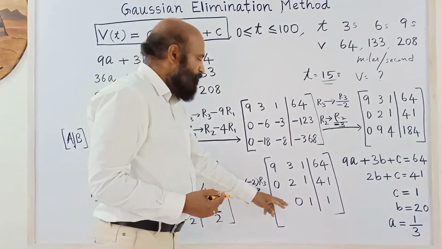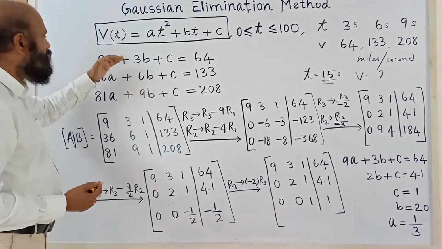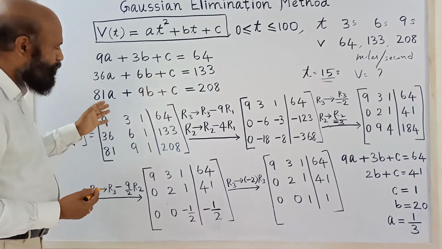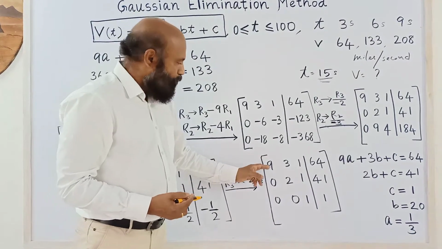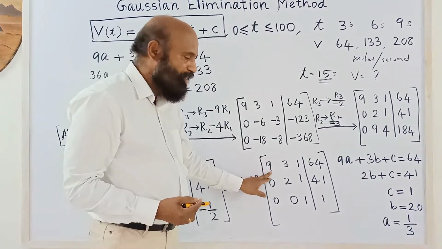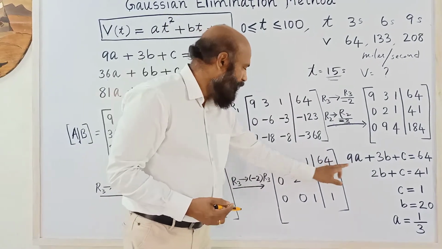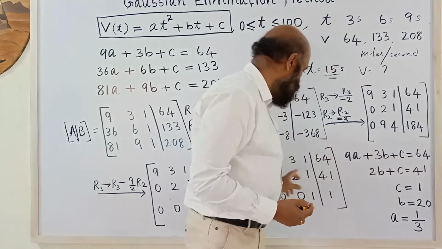Now, from this, you can write 3 equations. First, we changed this to an augmented matrix, and after the elementary transformations, you got it like this. Now, you can come back to the equations like this. 9a plus 3b plus c is 64.